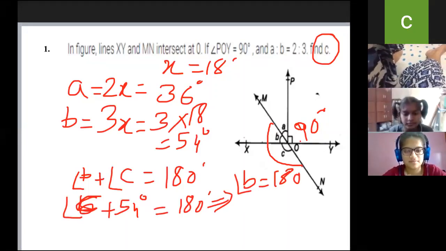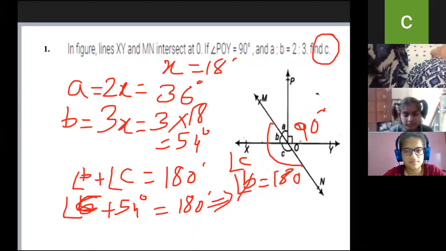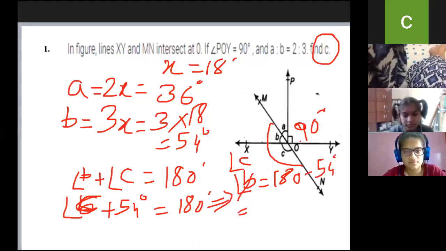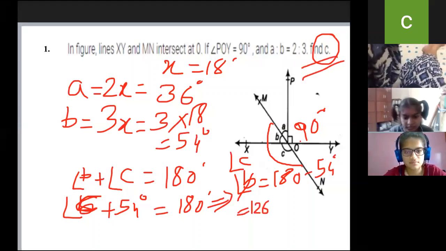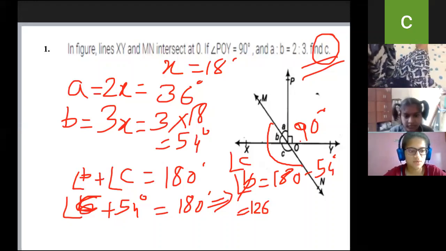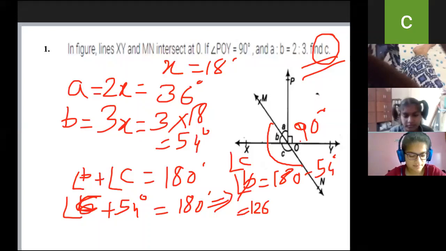Angle C we don't have, but angle B is 54 degrees. Therefore, angle C equals 180 minus 54, which gives 126 degrees. So what is the final answer here? C equals 126 degrees. Is it clear, children? Yes, ma'am.